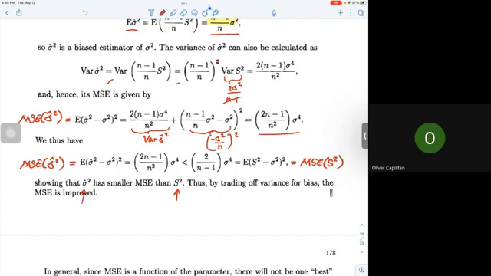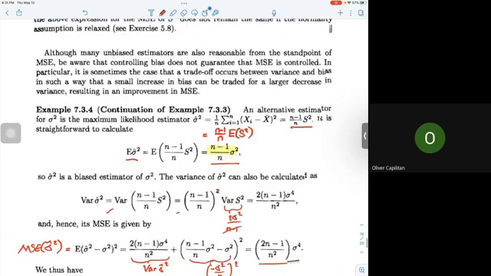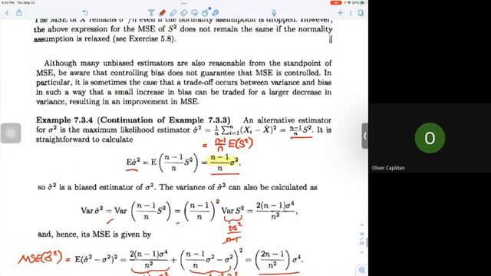That is what was said earlier: controlling the bias will not necessarily guarantee that we have a smaller MSE. That is why we have this example, where we have a biased estimator but obtain a smaller MSE compared to the unbiased estimator.